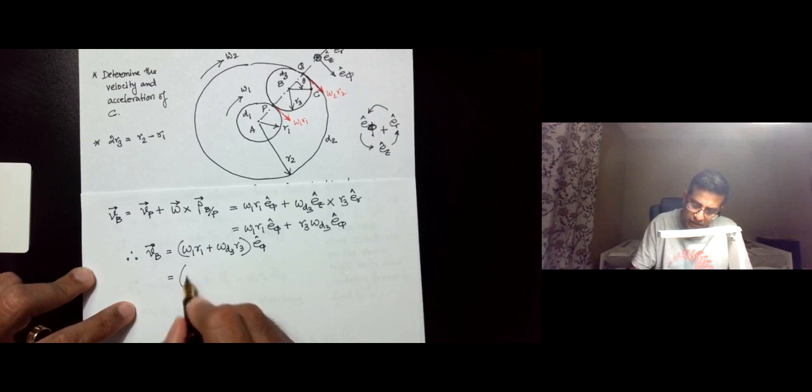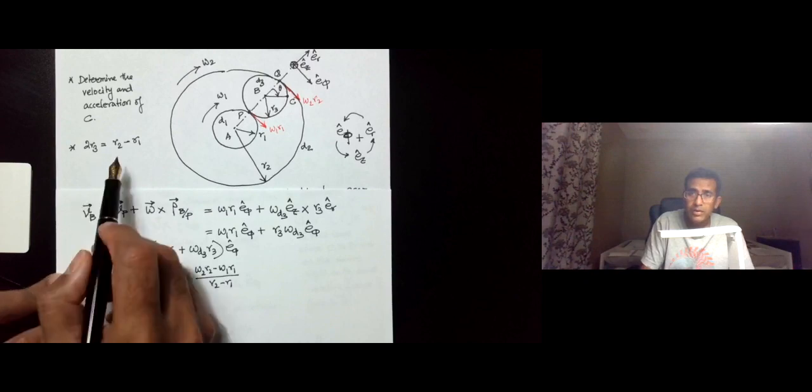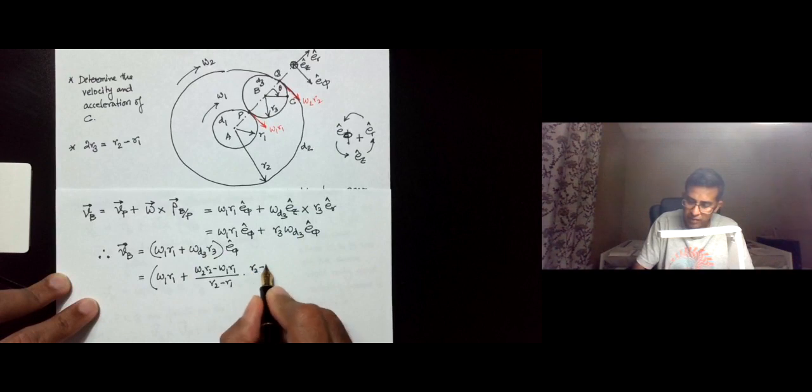And we can simplify this expression. We'll have omega 1 r1 plus, now omega d3 was omega 2 r2 minus omega 1 r1 divided by r2 minus r1. This was calculated, you will see in this previous part, and from here you can also note that r3 is equal to r2 minus r1 divided by 2. So you have r2 minus r1 divided by 2.